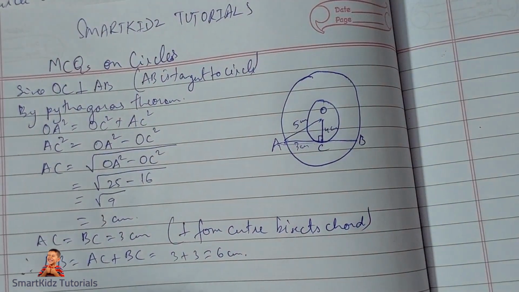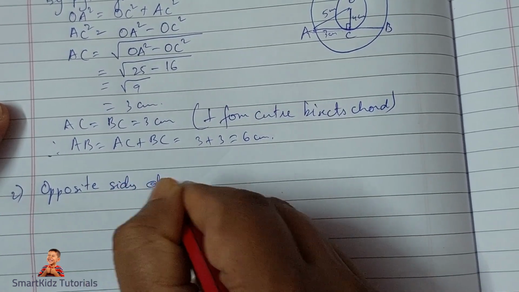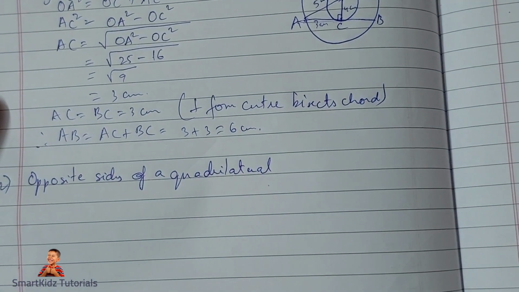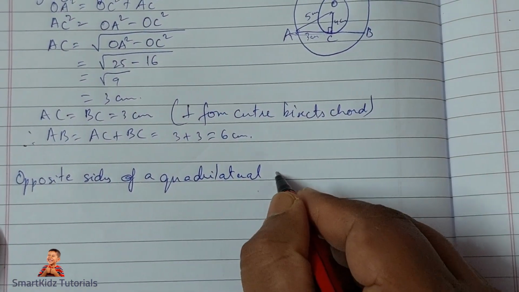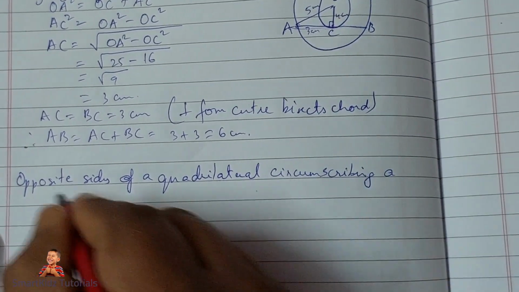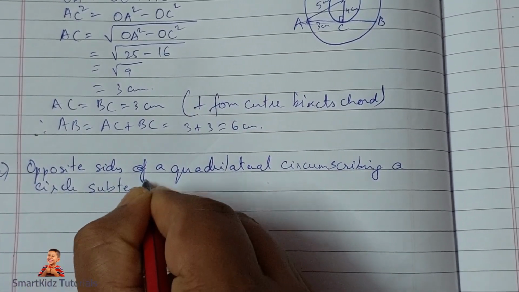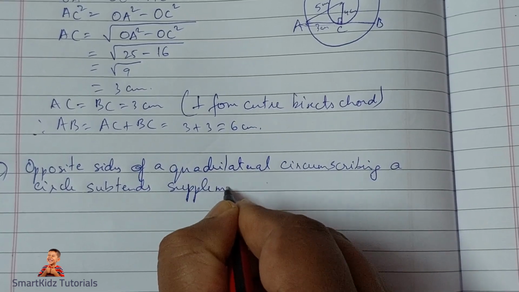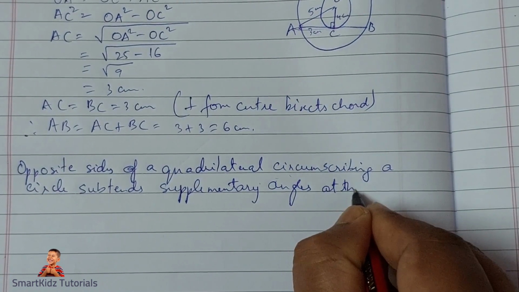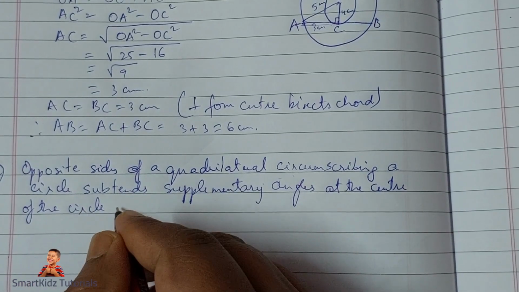So I'll write it down over here. It says, opposite sides of a quadrilateral circumscribing a circle subtends supplementary angles at the center of the circle.